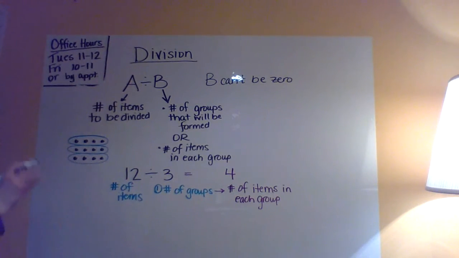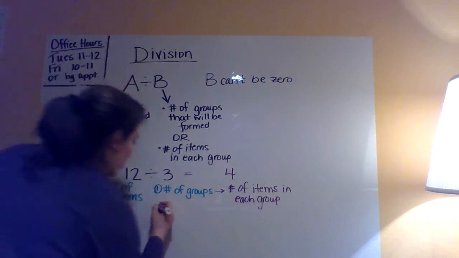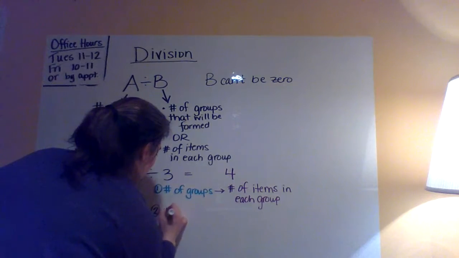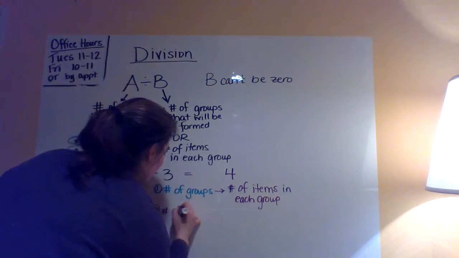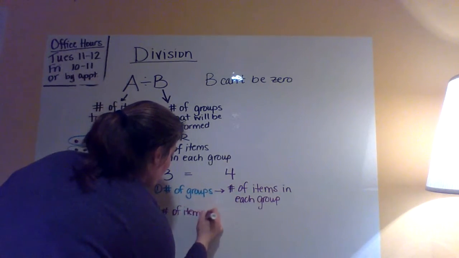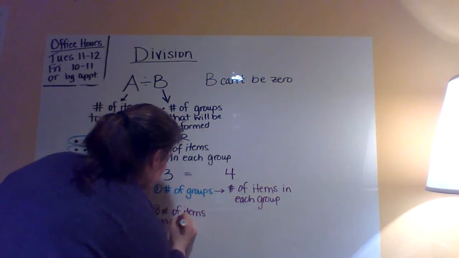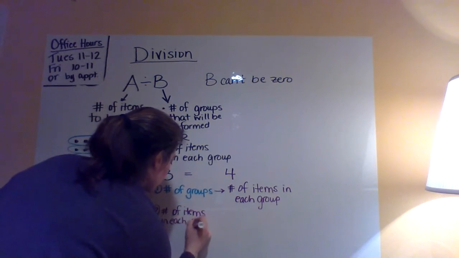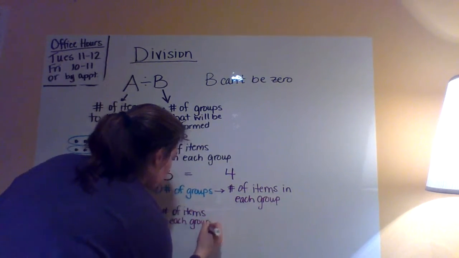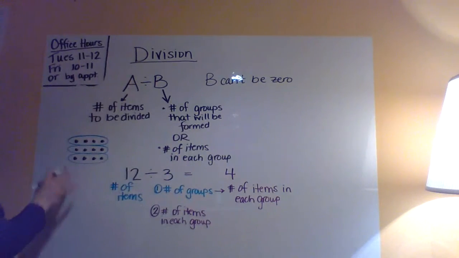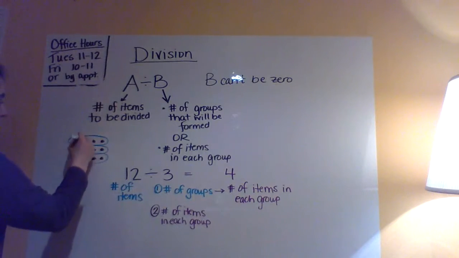Okay, well, what if instead I think about it the other way? What if I think about this as, instead of the number of groups, the number of items in each group? So instead of having 3 groups, I want to have groups where there are 3 items in each group.